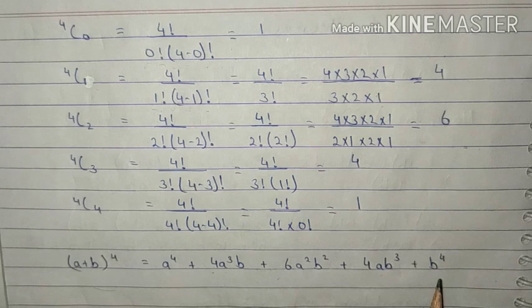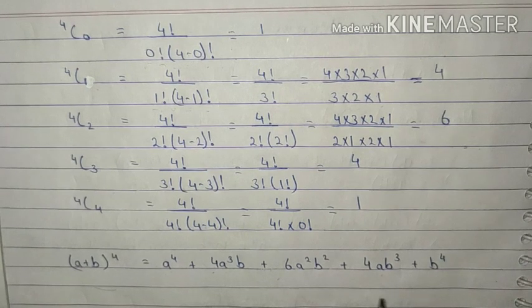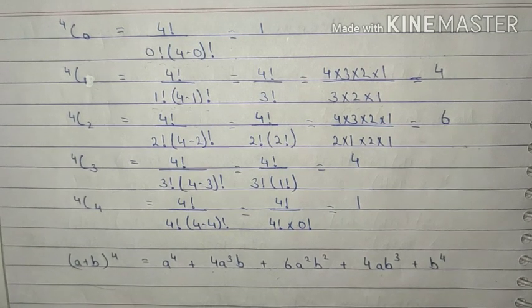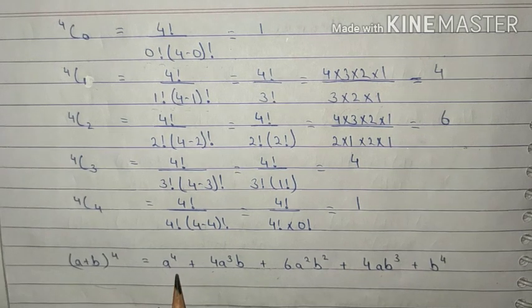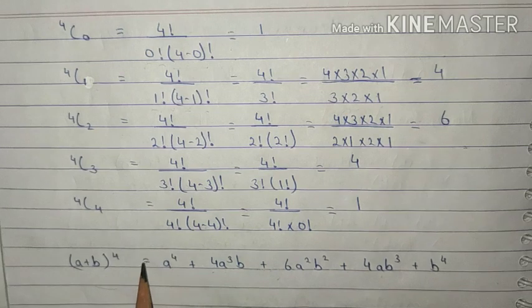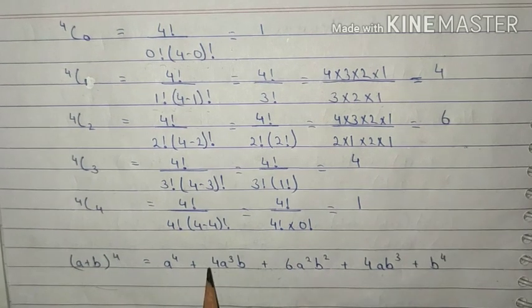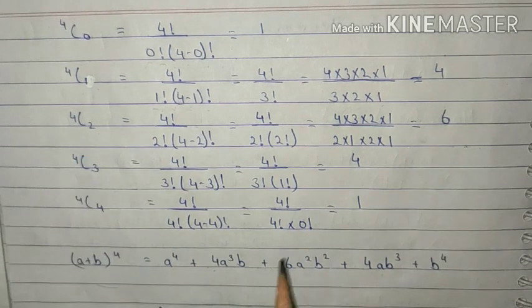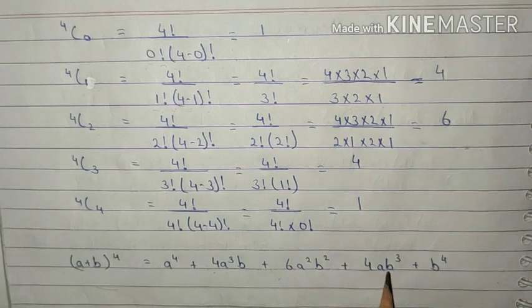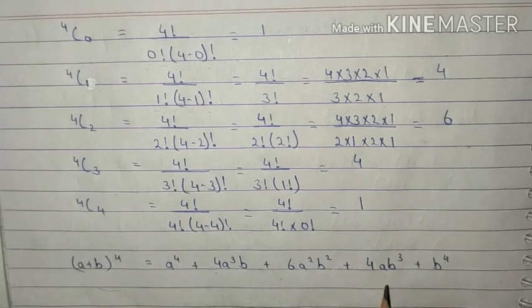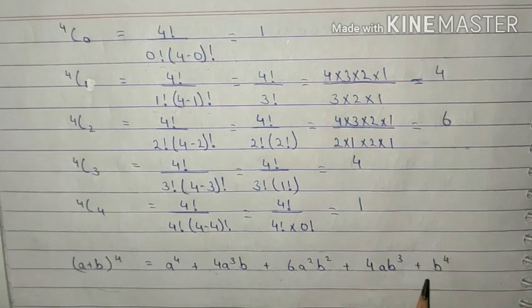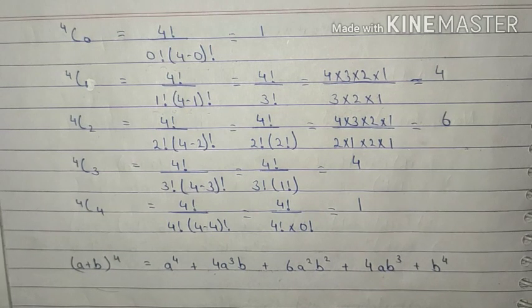Or you can observe that for the values of the powers of b, when the power of b was 0, we got the value 1. When it was 1, we got the value 4. When it was 2, we got the value 6. When it was 3, we got the value 4, and ultimately when it was 4, we got the value 1 over here.